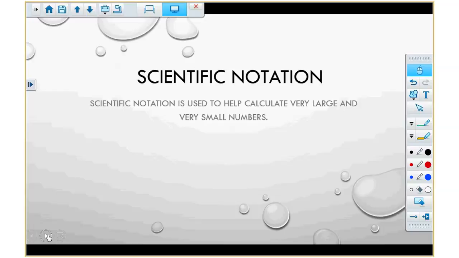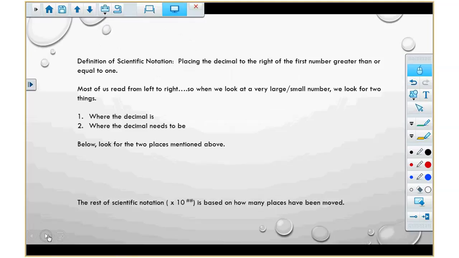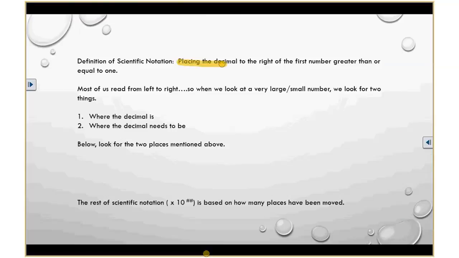You got to know the definition before you know how to do it. It's placing the decimal, here it is right here, to the right of the first number greater than or equal to 1.